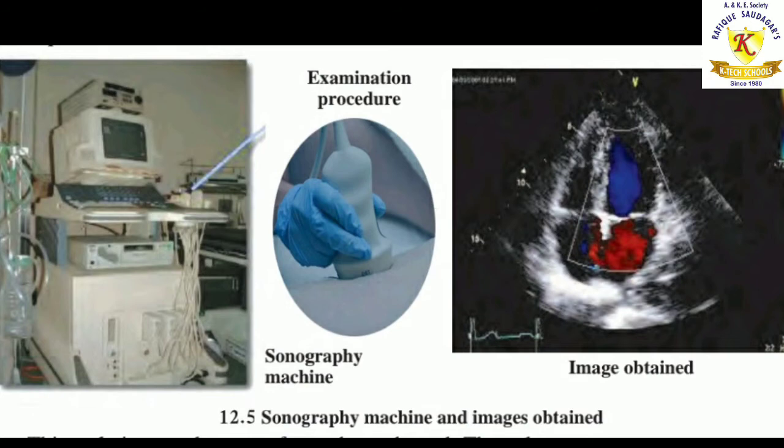Probe is what in the middle picture, where you can see someone is holding that machine, that is the probe. Okay, and gel has been applied to the skin, and from that the ultrasound waves are released and the image can be detected, and it has been recorded on the computer screen. Understood, children?